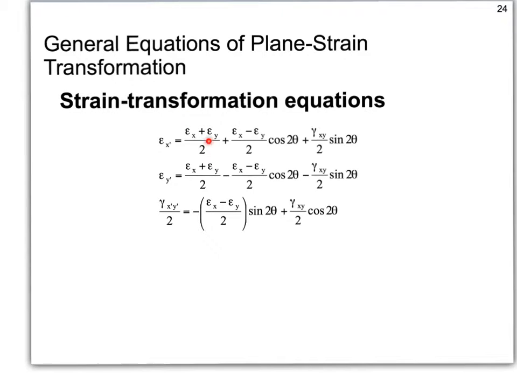The normal strain and normal stress parts of the equation are just the same. So it's just this shear strain divided by 2 that's different in the form of the equation between the stress and the strain transformation equations.